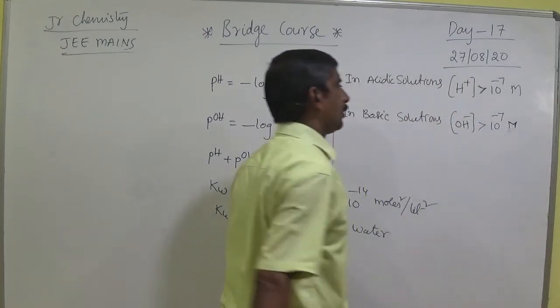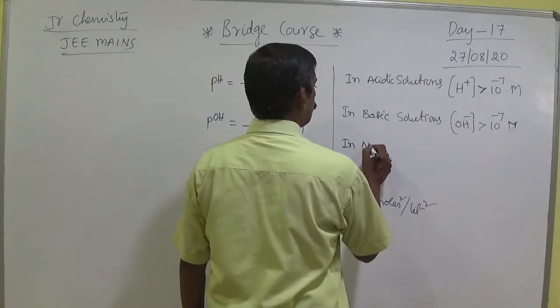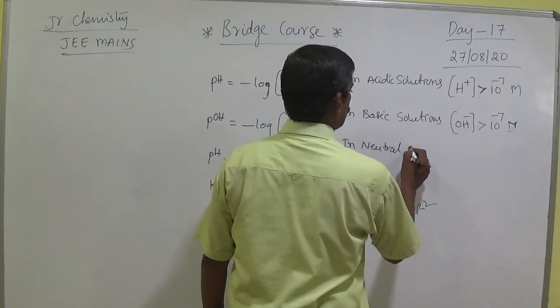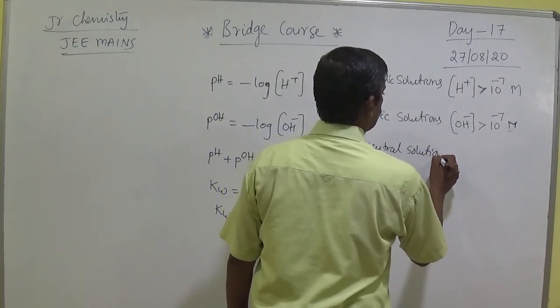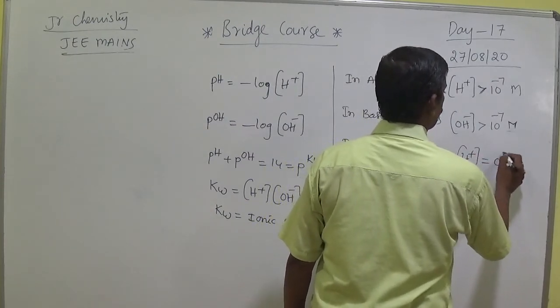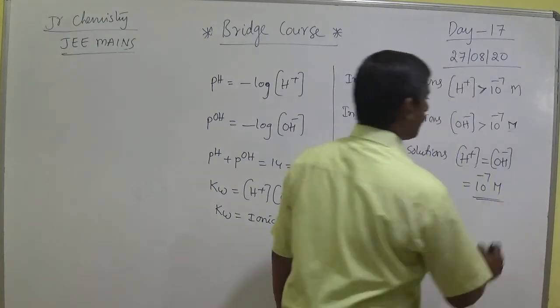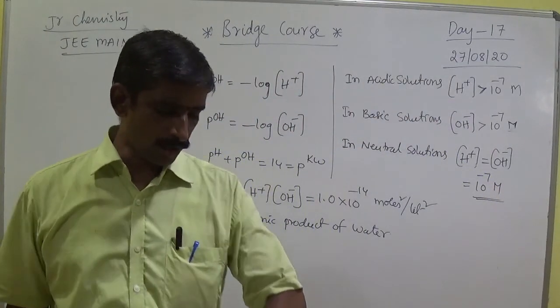Last one, in neutral solutions, H plus concentration equals OH minus concentration, equal to 10 to the power of minus 7 molar. M means molar or molarity.